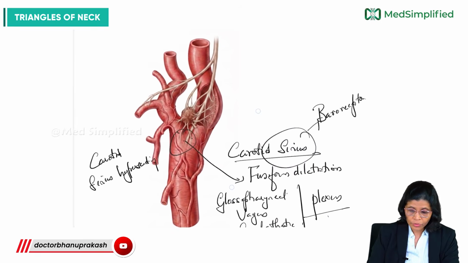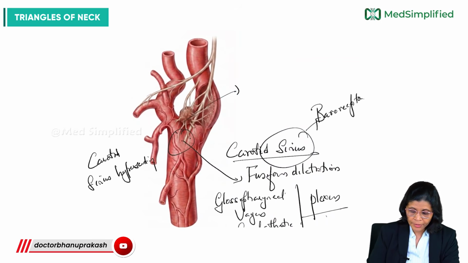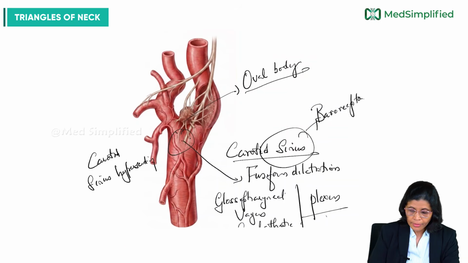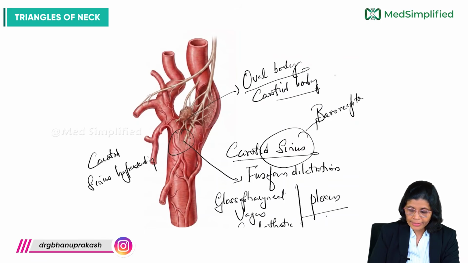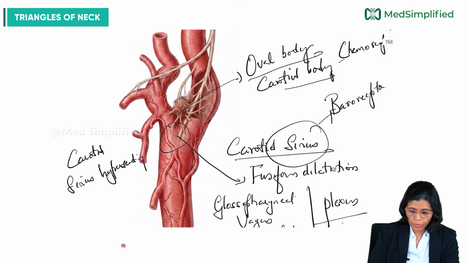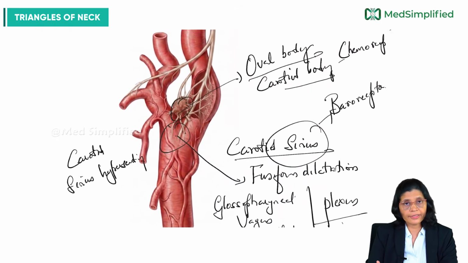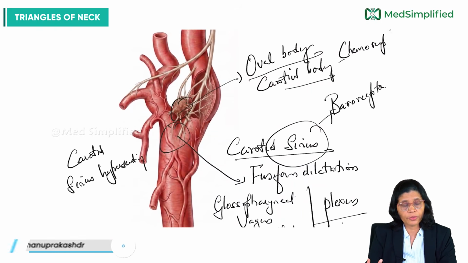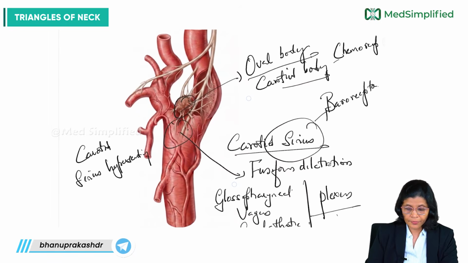Then we have one more structure here, a small oval body, which we call the carotid body, and this acts as a chemoreceptor. It is a reddish brown body which receives a very rich nerve supply from the glossopharyngeal, the vagus, as well as the sympathetic nerves.